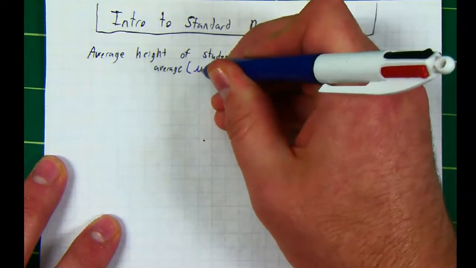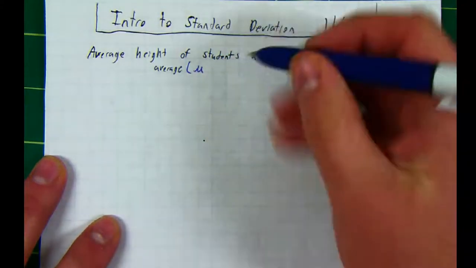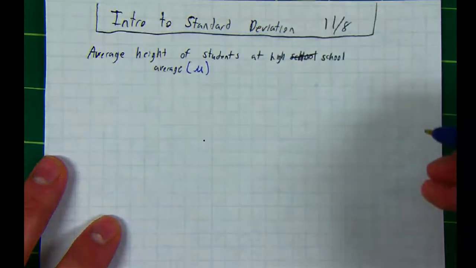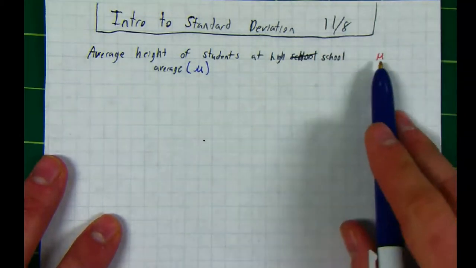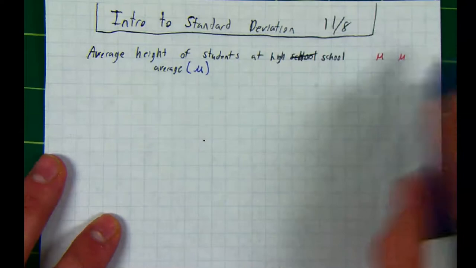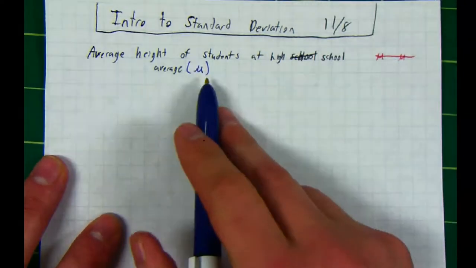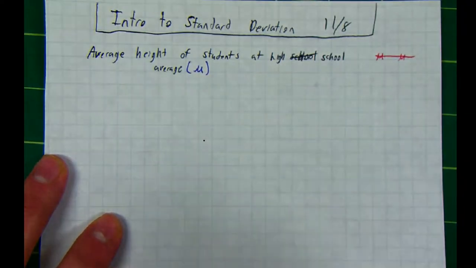It looks like a U with a little tick in front of it. It's the Greek letter mu, means average. I'm going to write this in red a couple times so y'all can see it. Do you have to write this down? No, of course not. I just want y'all to see what it is. It's the variable for average.